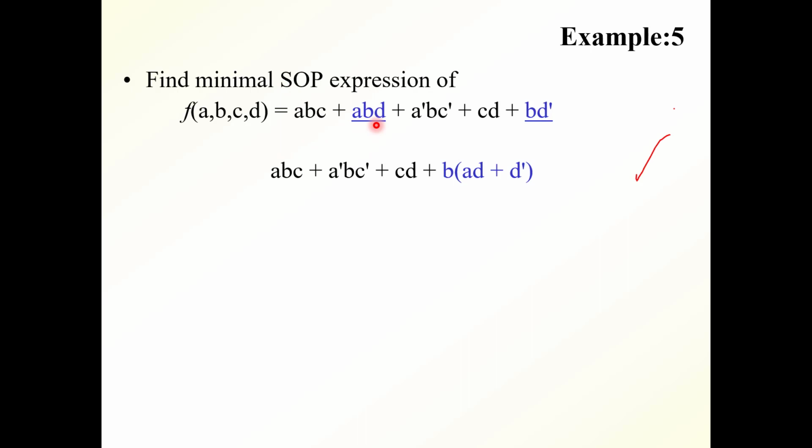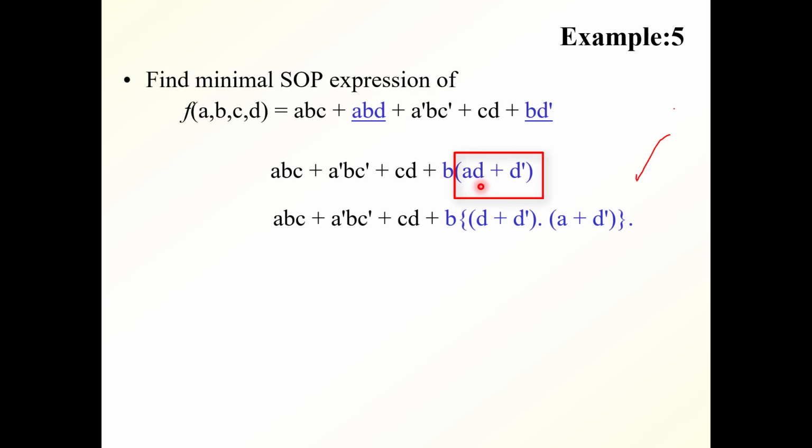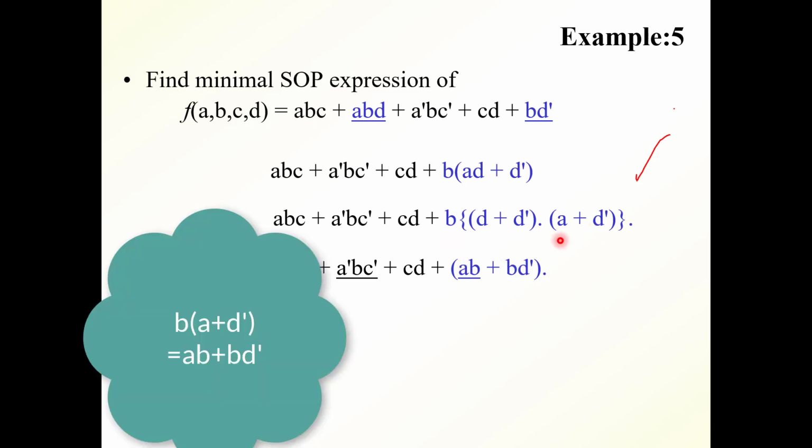First, if we take these two terms, this one and this one, we take the B out, we are left with this. Now using the distribution law, we distribute and then we get this one. Of course, this term here is equal to 1. So we are left with AB ORed with B D bar.